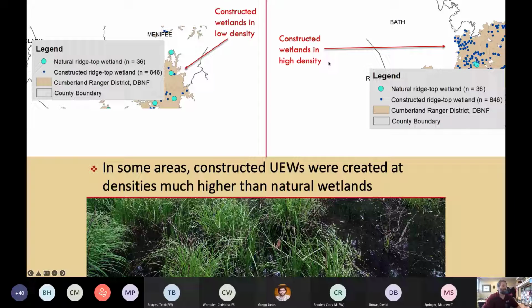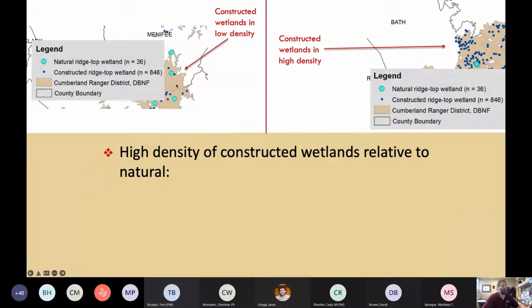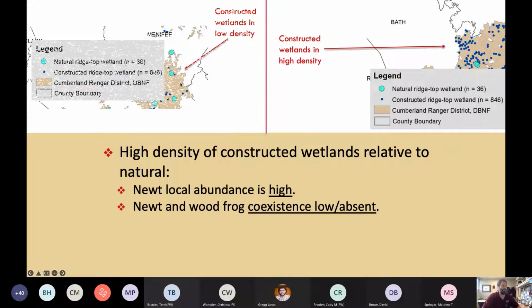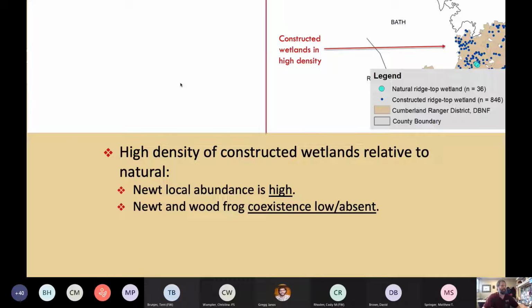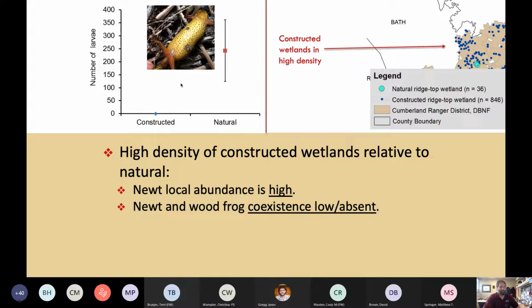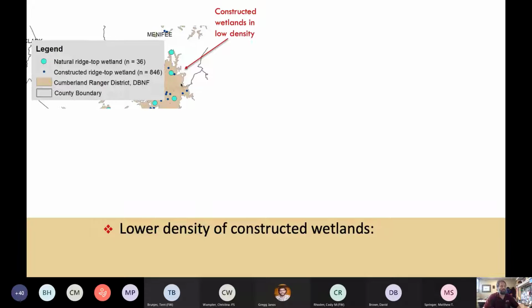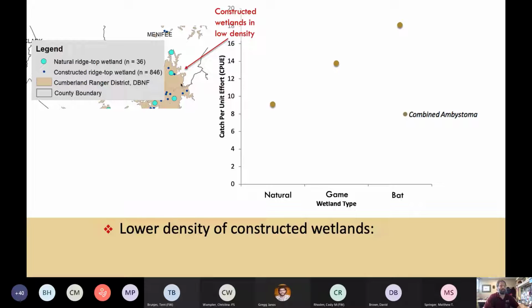If we look in an area with low density of constructeds compared to naturals, we find a different story. So this is the reminder of the high density. Newt local abundance is high, newt and wood frog coexistence is low or absent. If we look at constructed wetlands in low density areas, these are spotted and Jefferson salamanders that do better in constructed permanent wetlands.